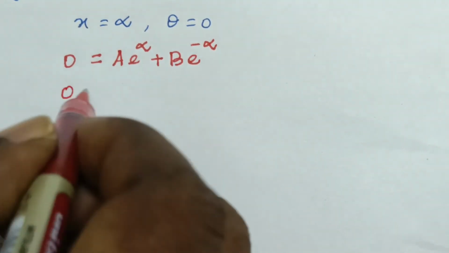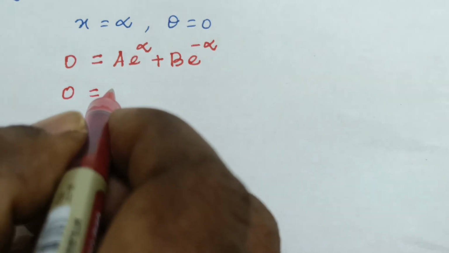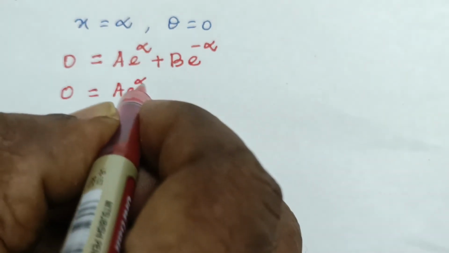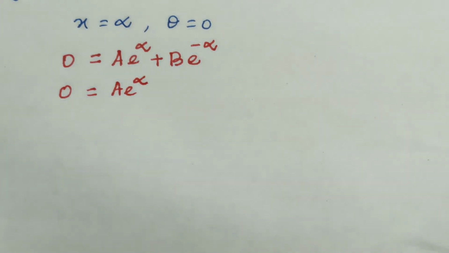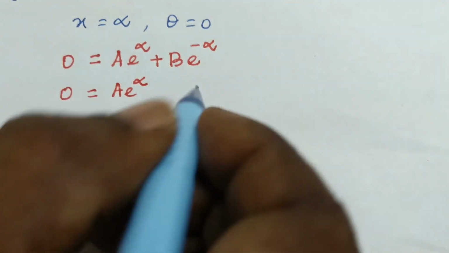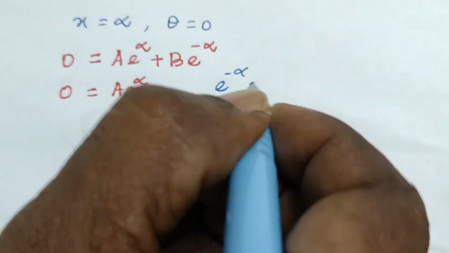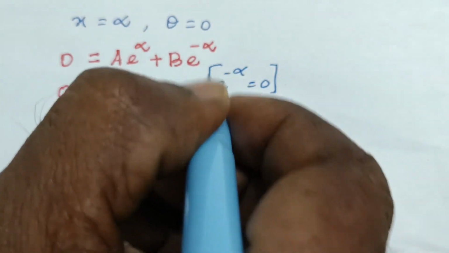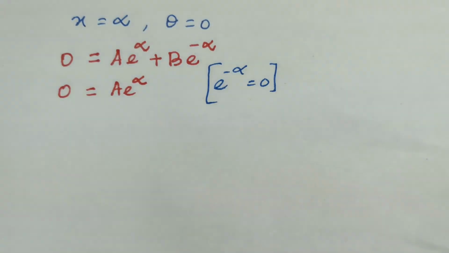Then e power minus infinity equal to 0, so this term is 0, so 0 is equal to a e power infinity.